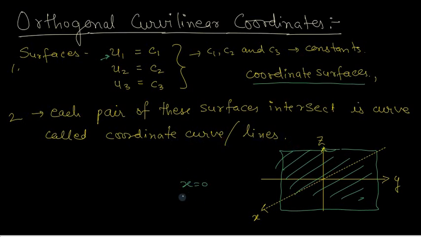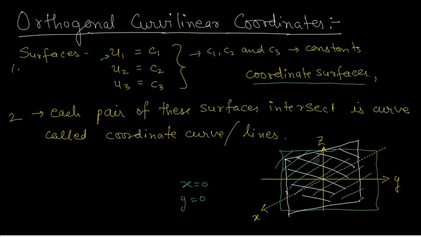Let's take one more example, y is equal to 0. Okay, let me draw it with another color. If I take y is equal to 0, it means that is an xz plane. So this plane must look like this if it is an xz plane. So let me draw like this. So this is an xz plane.